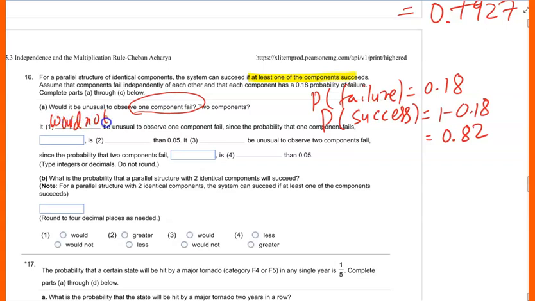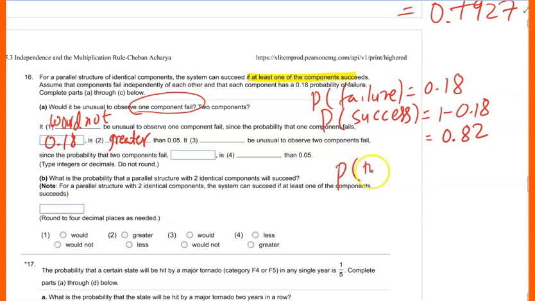It would not be unusual to observe one component fail, since the probability of that one component failing, 0.18, is greater than 0.05.